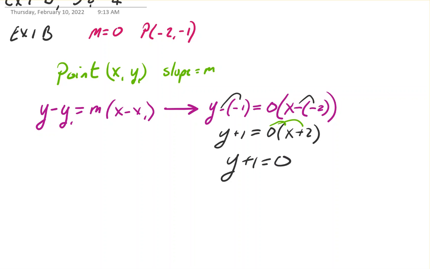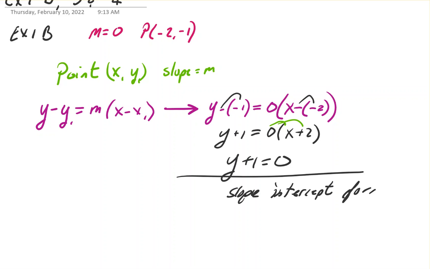But I need you thinking a little bit bigger than that and realizing that what's going to end up being our next step is to try to get this in slope intercept form, which is y equals mx plus b.